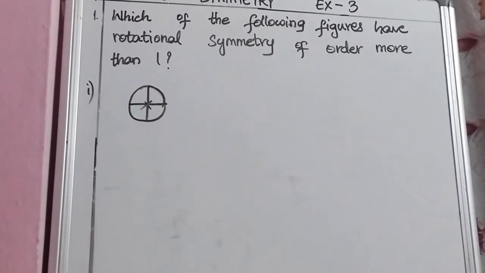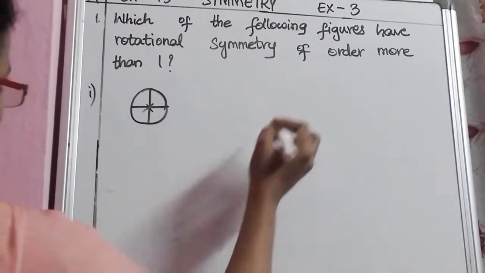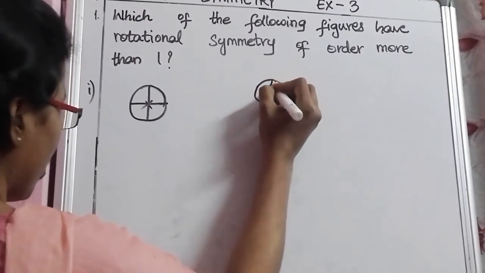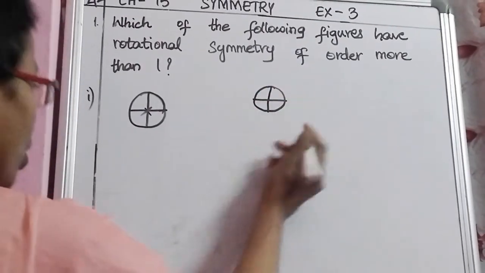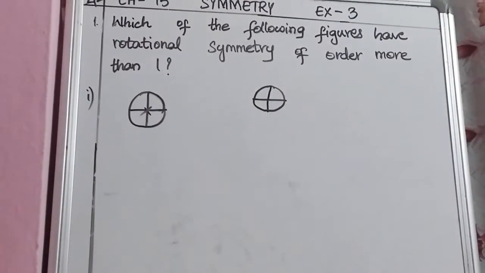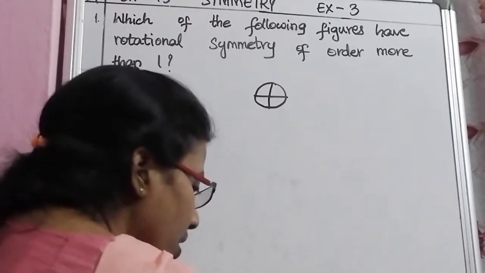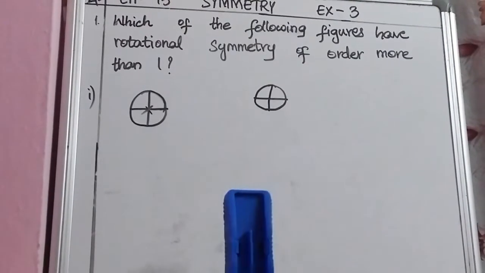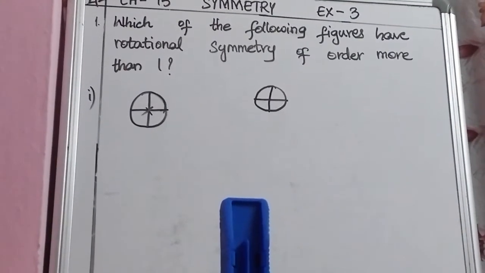We are just going to see the rotation and how many times it is going to match by the time it reaches 360 degrees. Now let me show you an example. See here. Are you able to see the duster?